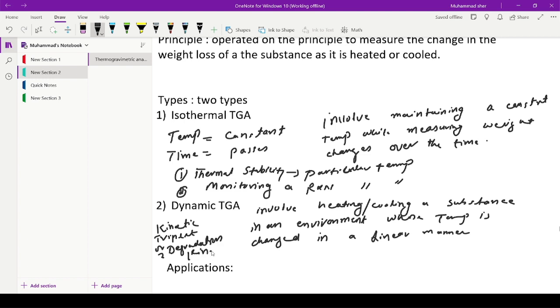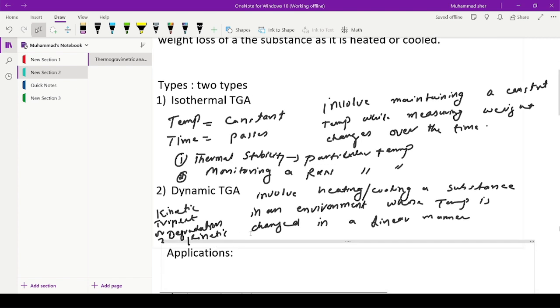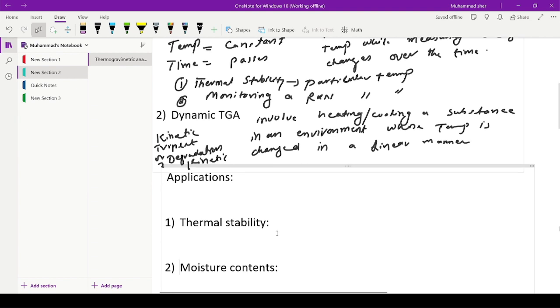We will make a separate video on the degradation kinetics because it is the most important part of the thermogravimetric analysis, and from this degradation kinetics, we will be able to find out the activation energy, frequency factor, and reaction mechanism. So, this is going to be in very detail, and we will cover it in a separate video.